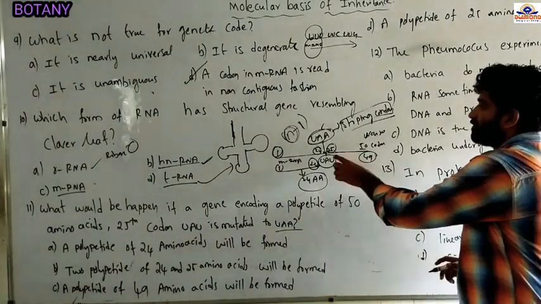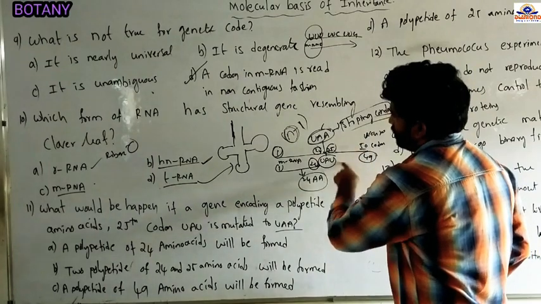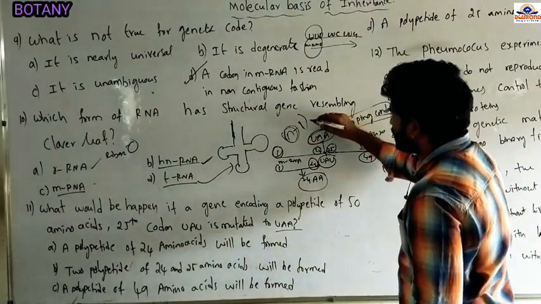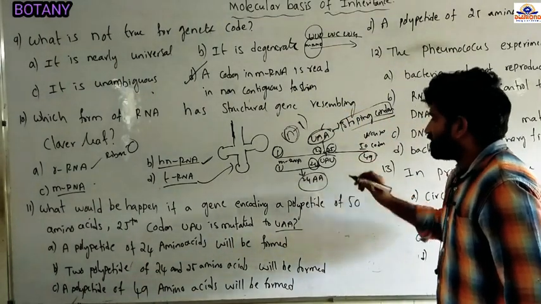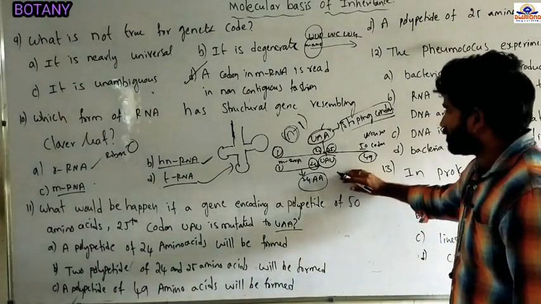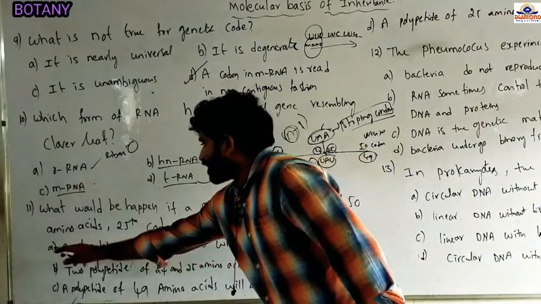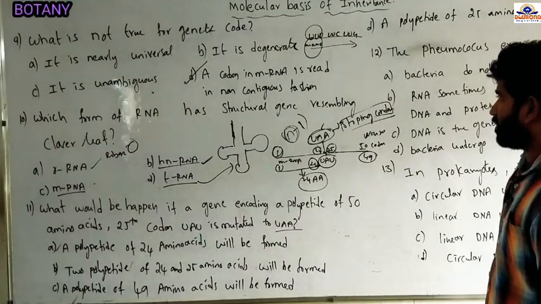Here 25 codons are present, and the last codon, the 25th, is a stopping codon. So 25 minus 1 is 24, and this polypeptide chain contains 24 amino acids. So option A, a polypeptide of 24 amino acids, will be formed.